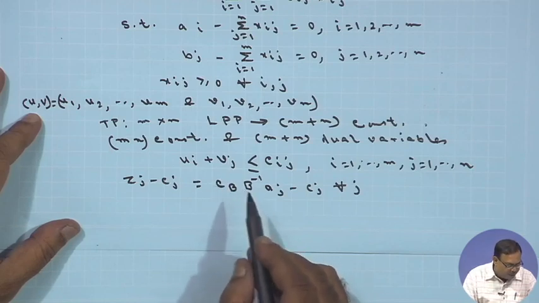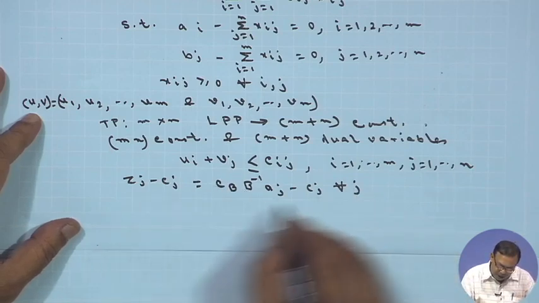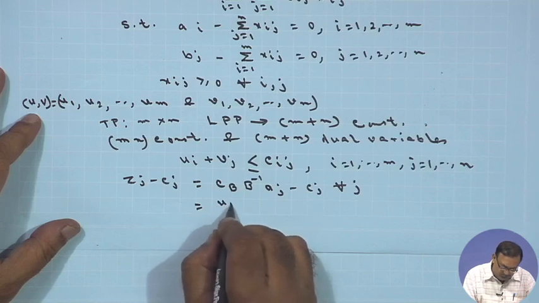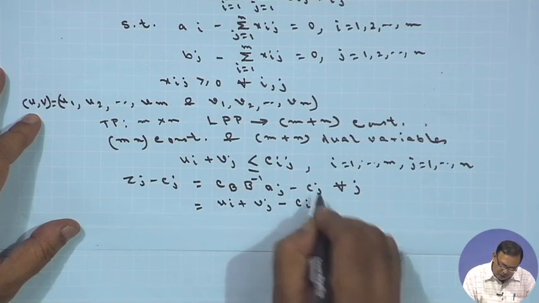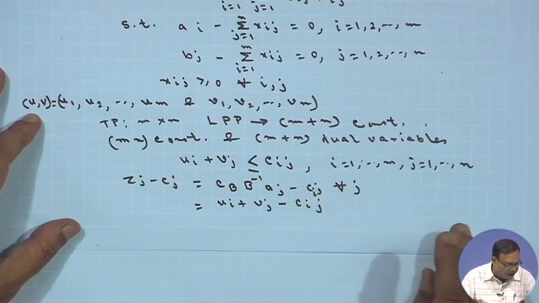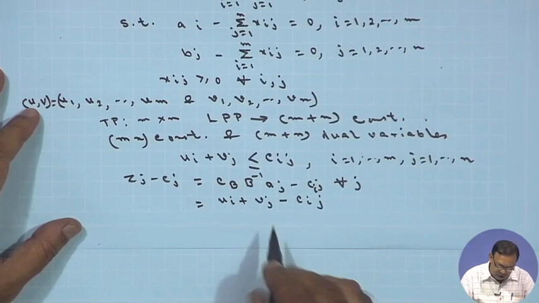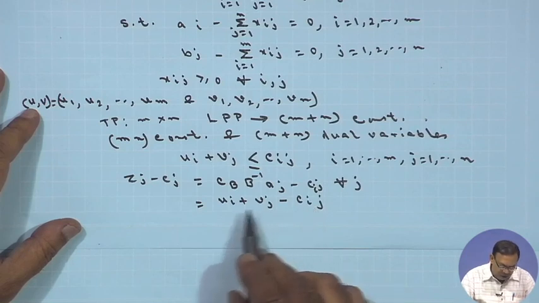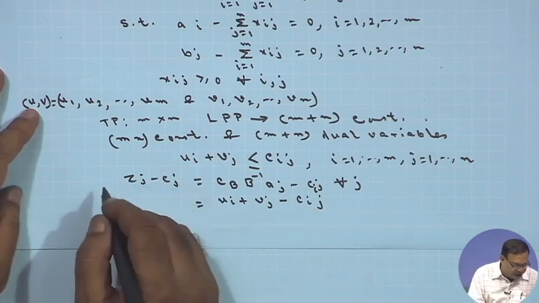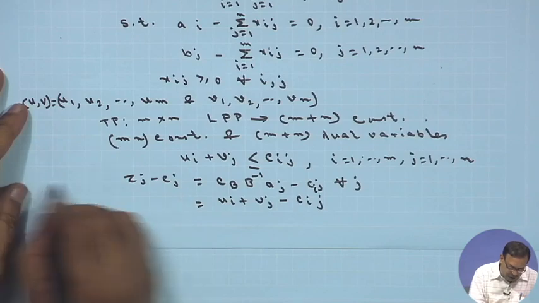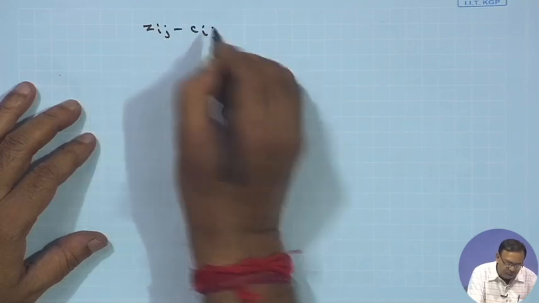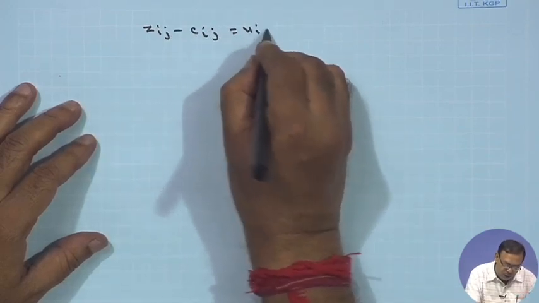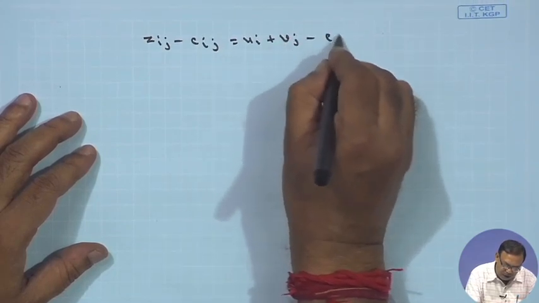Therefore, this z_j minus c_j equals u_i plus v_j minus c_j for all j. So, I can write z_ij minus c_ij in the new form: this equals u_i plus v_j minus c_ij.